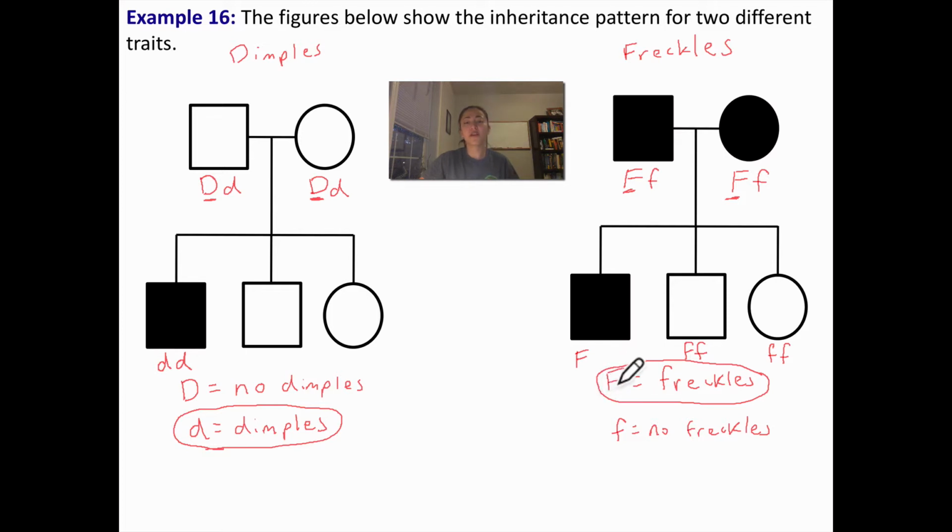So they have freckles. And we don't really know what the second letter is because they could have gotten a big F from their dad and a big F from their mom, or they could have gotten a big F from their dad and maybe a little F from their mom, and they still would have freckles. So sometimes you don't have enough information to know exactly what an individual is.